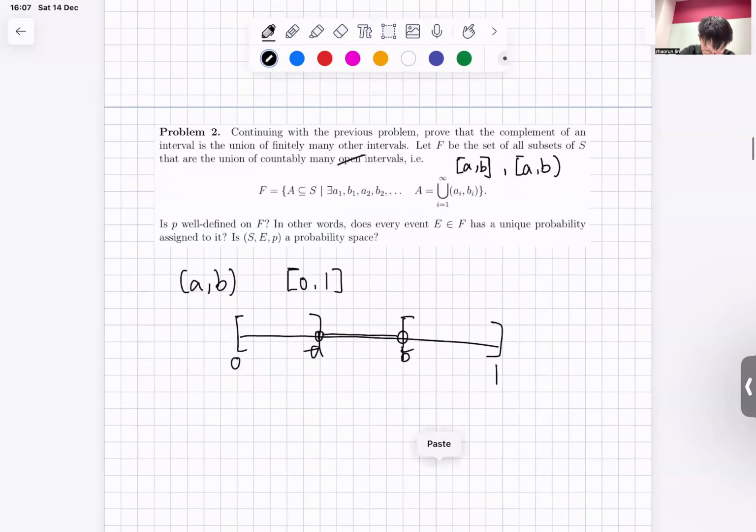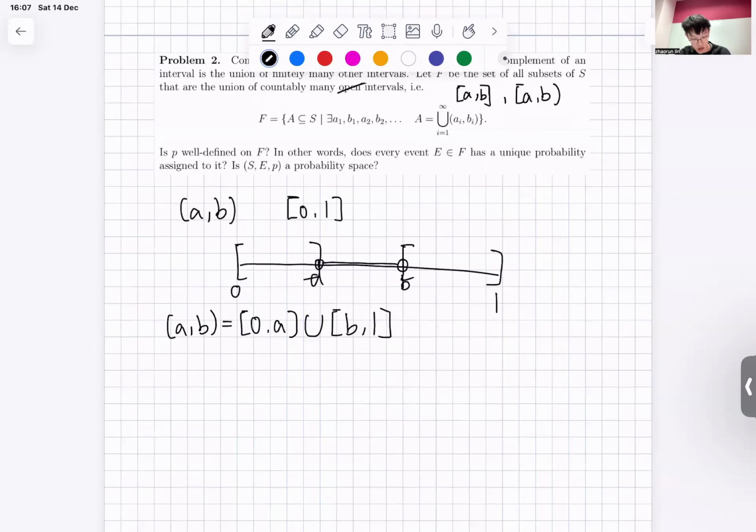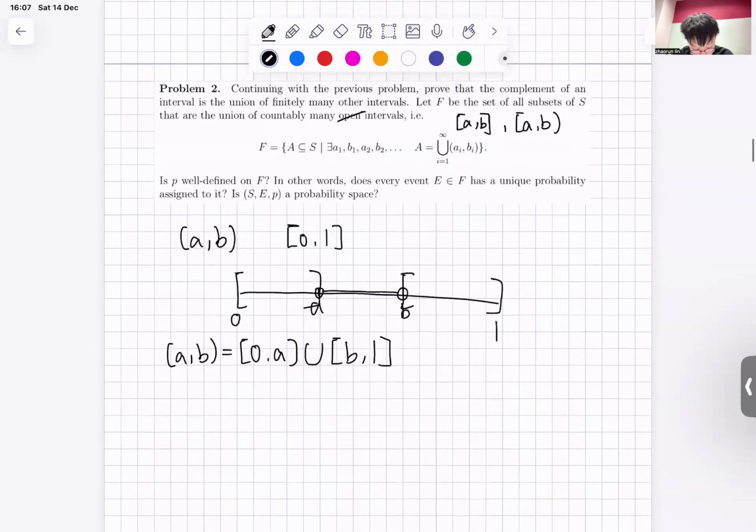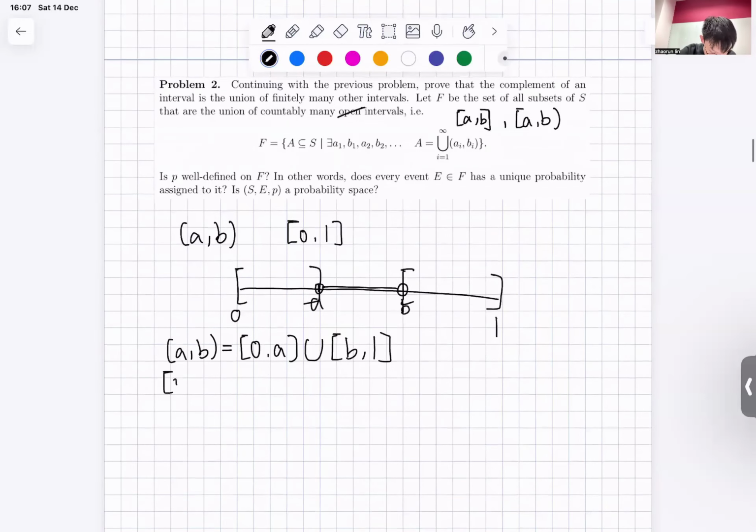So it is a union of intervals. For other closed intervals, you can show it in a similar manner. I'm not going to show it here. So the complement of an interval is the union of finitely many other intervals.